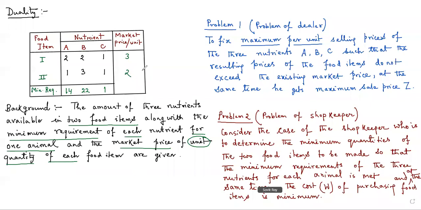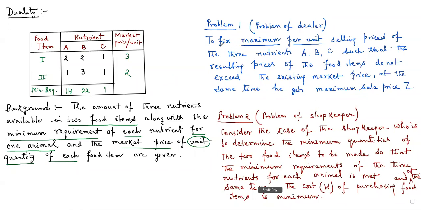This is the chart, and this is the background of the problem that I'm going to discuss today. Now, from this, we can formulate 2 different types of problems. We can visualize the problem from 2 different perspectives: one is the perspective of the dealer, and another is that of the shopkeeper.